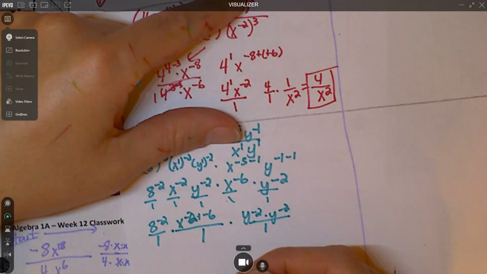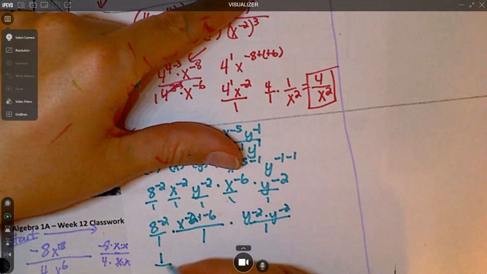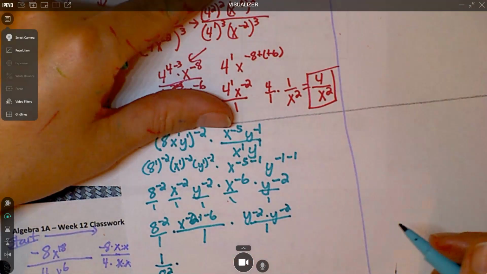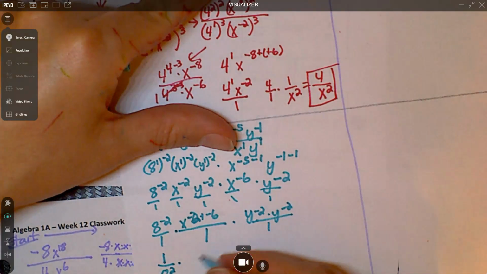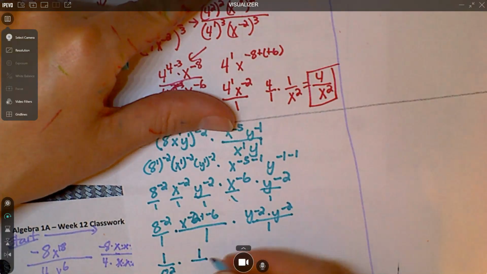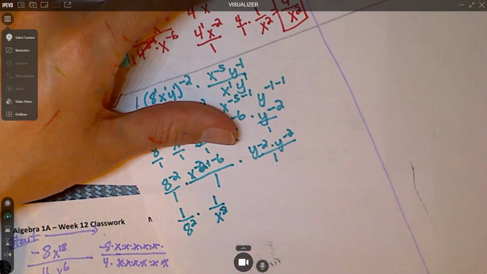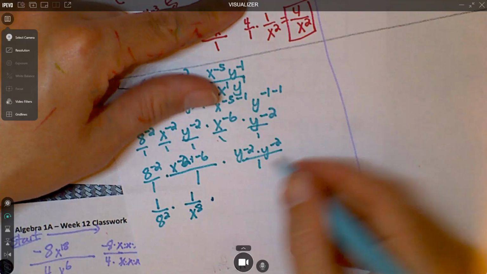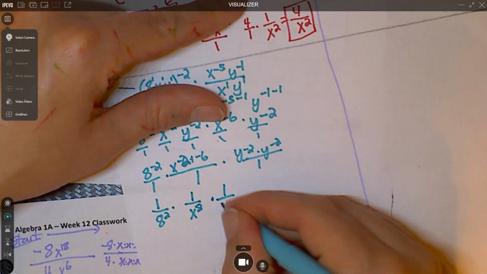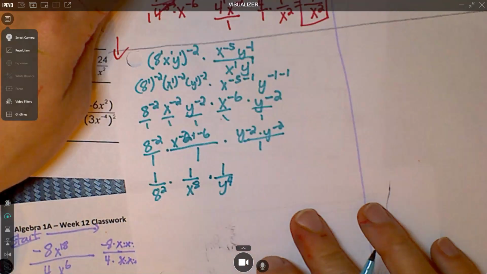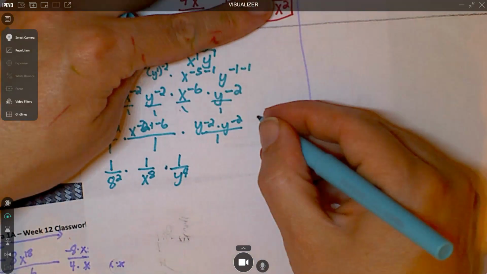See, this would be 1 over 8 squared times 1 over x to the 8, because it's negative 2 minus 6, times 1 over y to the 4th, because that'd be y to the negative 4. So how did I get where I'm at?